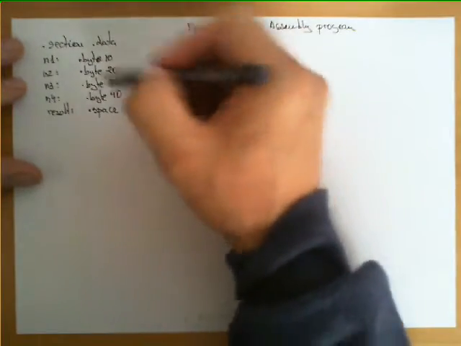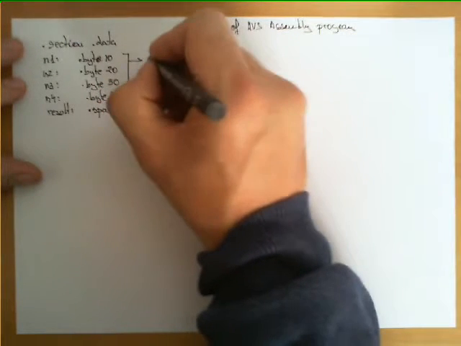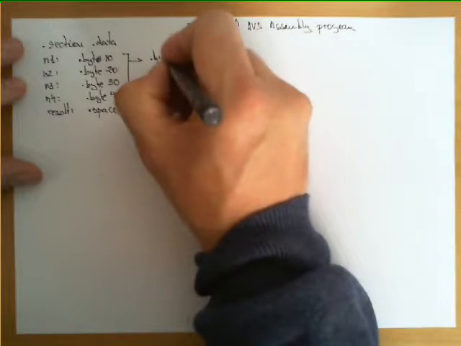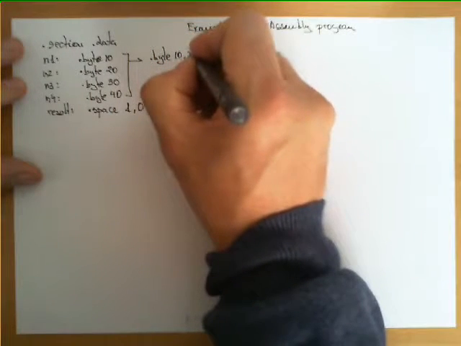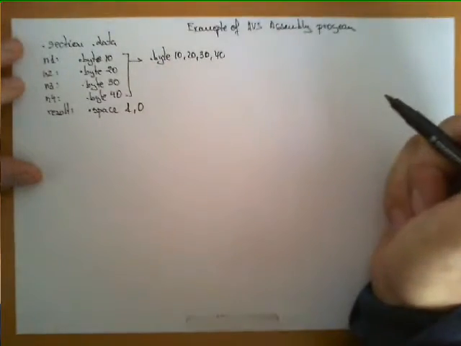Now the way these things are laid out in memory, remember that this definition would be identical to using something like this, .byte 10, 20, 30, 40. That would be exactly the same.